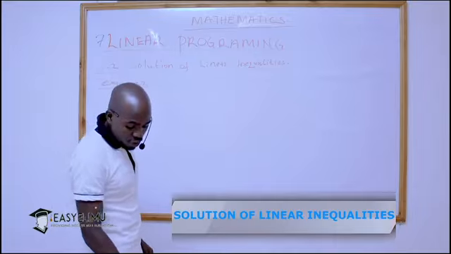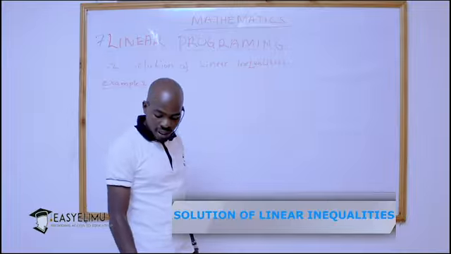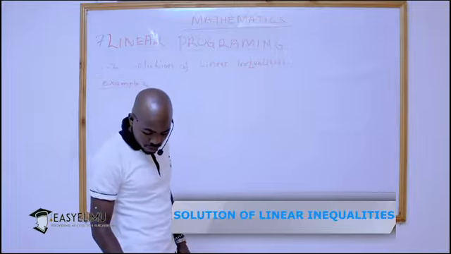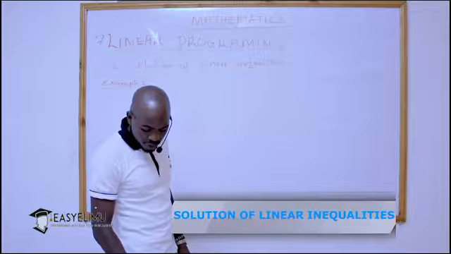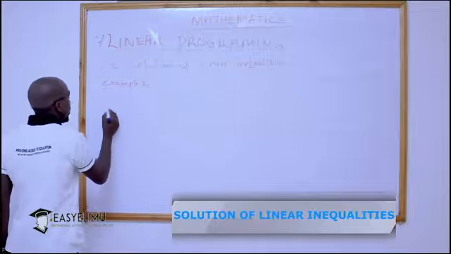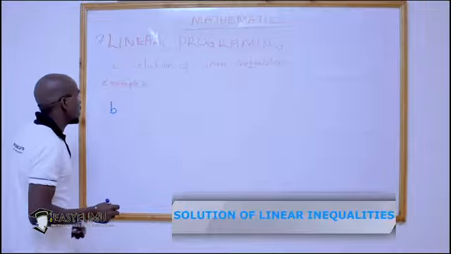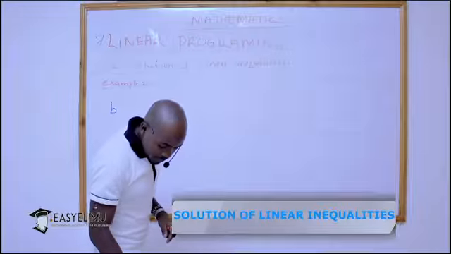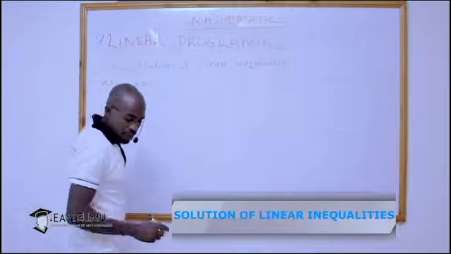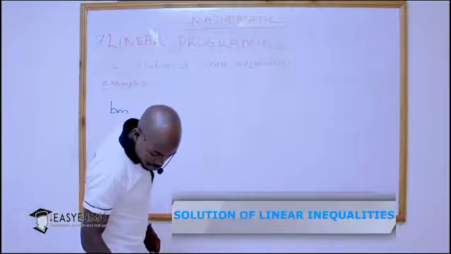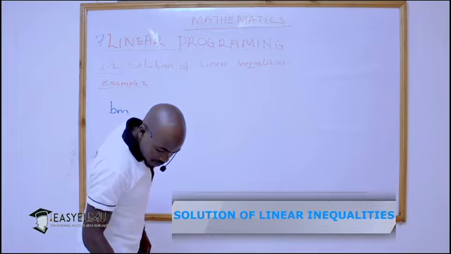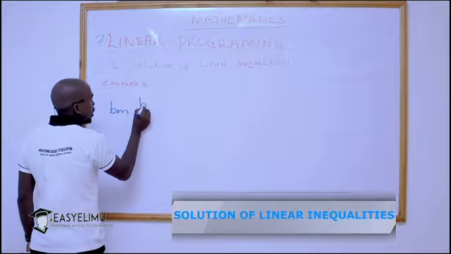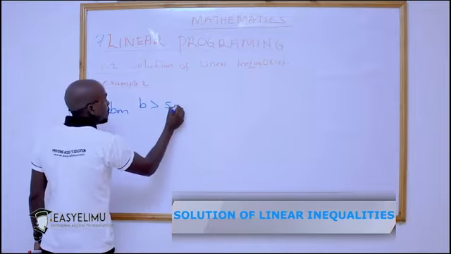So if the length of the room is 4 meters more than its width, and the width is greater than 5 meters, and we are also being told that the width of the room is b meters, we can say that b meters is the width of the room, but we have been told that this width is greater than 5 meters. So meaning that b is greater than 5 meters.